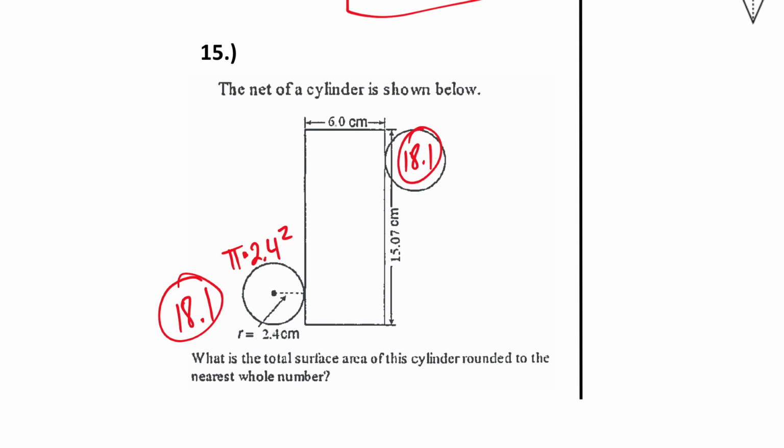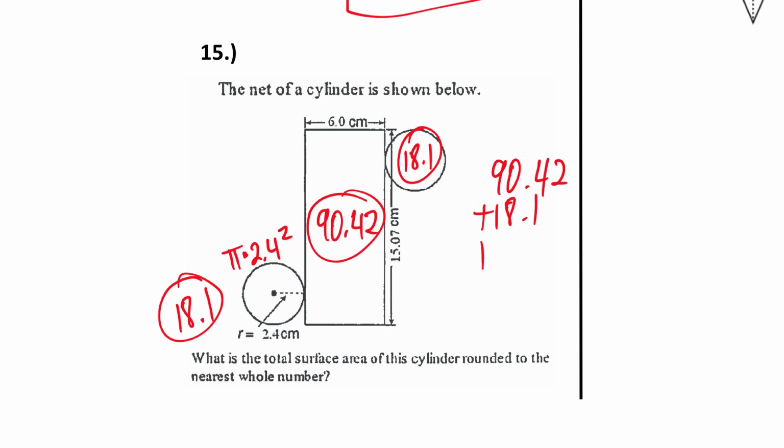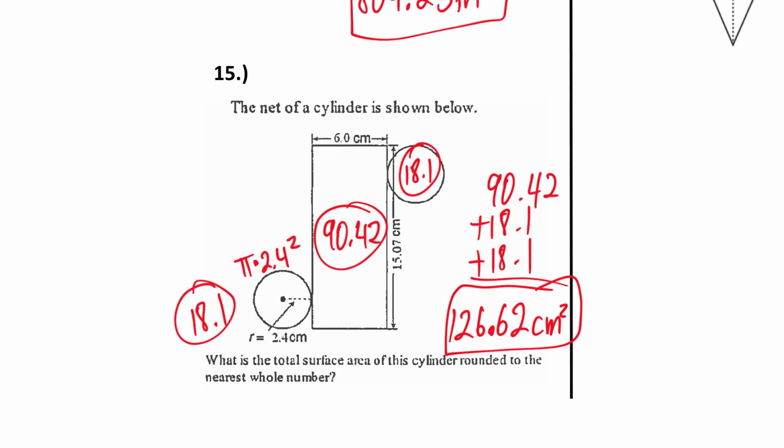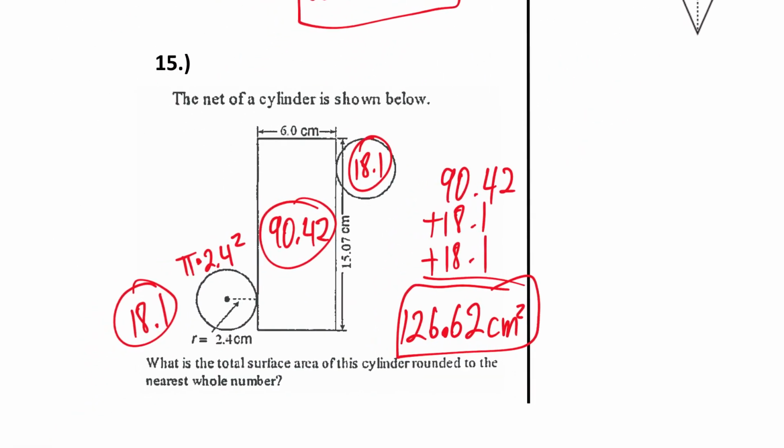And then 6 times 15.07 is 90.42. And add them up. Gives you 126.62.